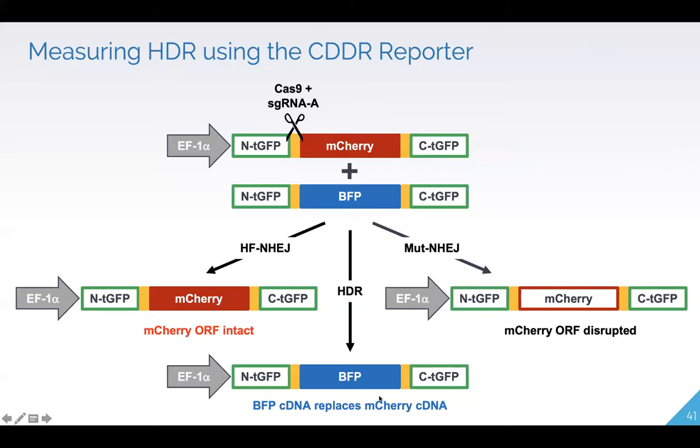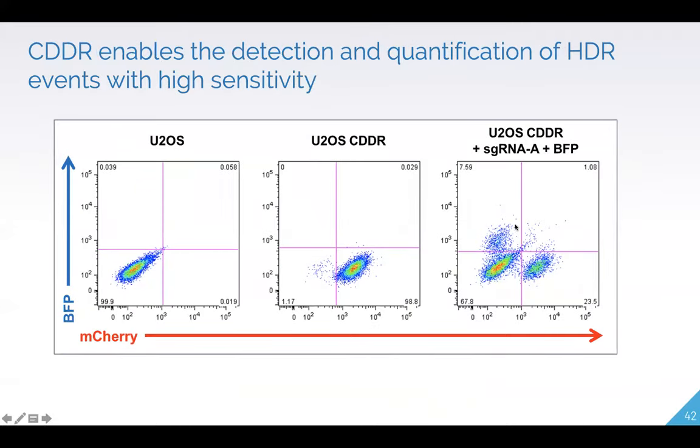You can quantitate that these cells will light up blue, but will be negative for M-Sherry. Obviously, there's no green here because there's no induction of double-strand breaks that will bring these two together. And that's what you see on FACS analysis by looking at BFP gating. You see homologous recombination repair events are much less frequent than any other type.